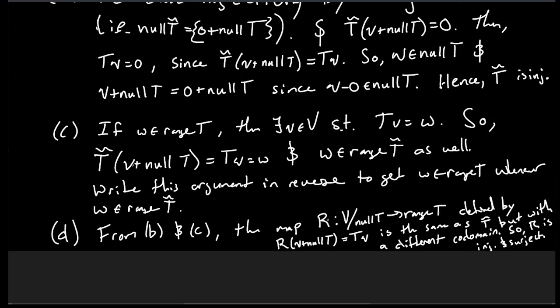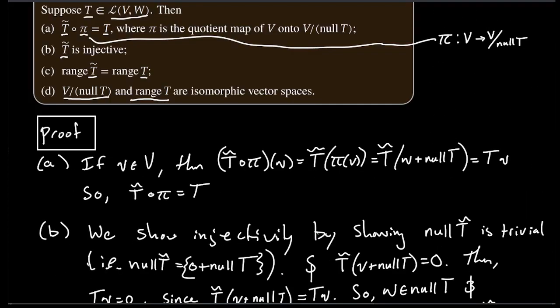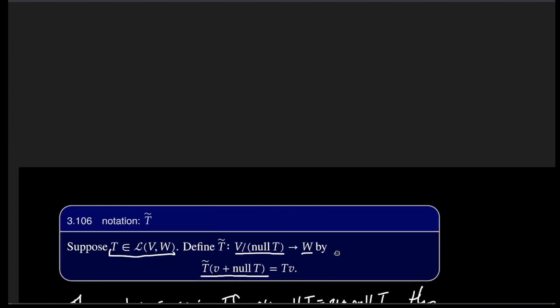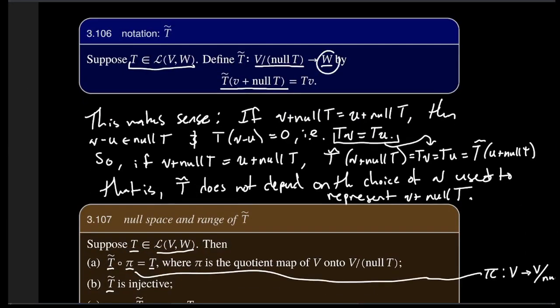This might seem silly to do this R. That is, R is just T tilde, or R composed with the inclusion map of the range of T in w is equal to T tilde. But it's lazy to say that T tilde and R are the same thing. After all, surjectivity depends on what the codomain is.